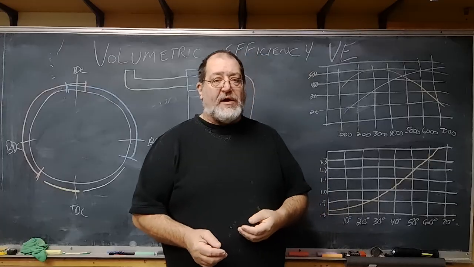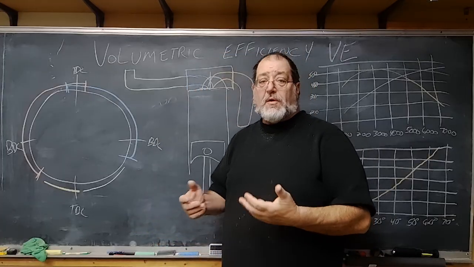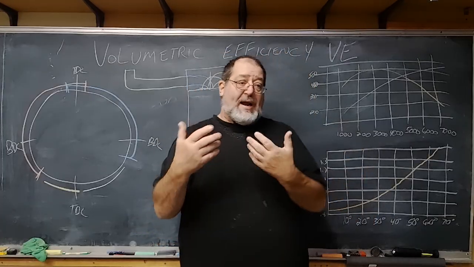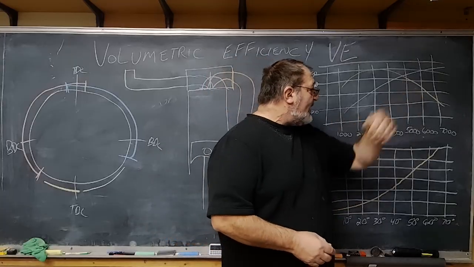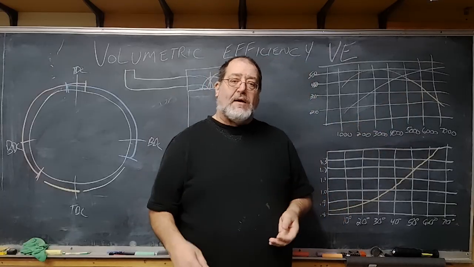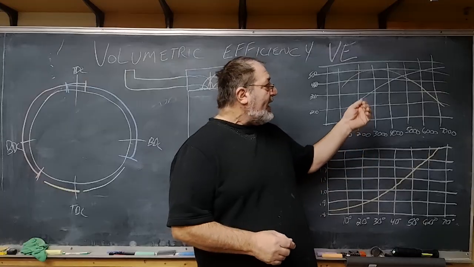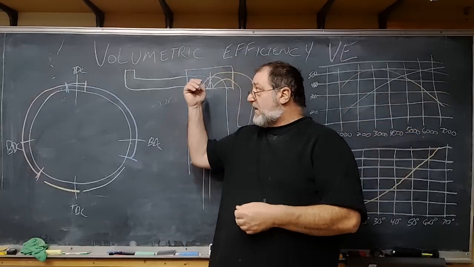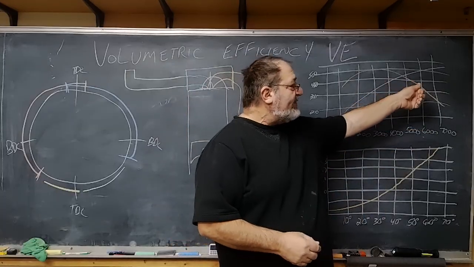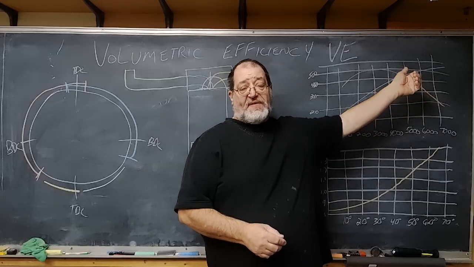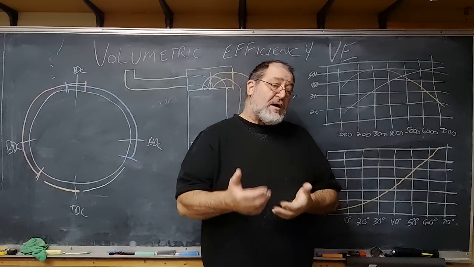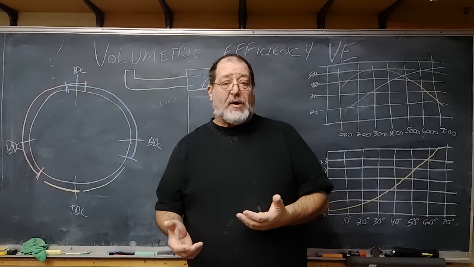That is the goal of volumetric efficiency. Otherwise, even if you're at 80%, just keep cranking up the RPM and you'll get there. Because if you have enough airflow, it will fill even at 80% up there at 7,000. It's just at 100%, you can make more power.